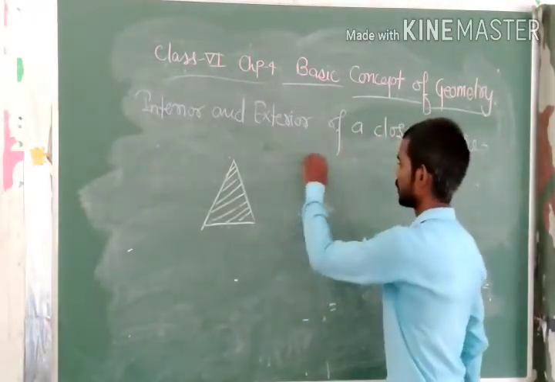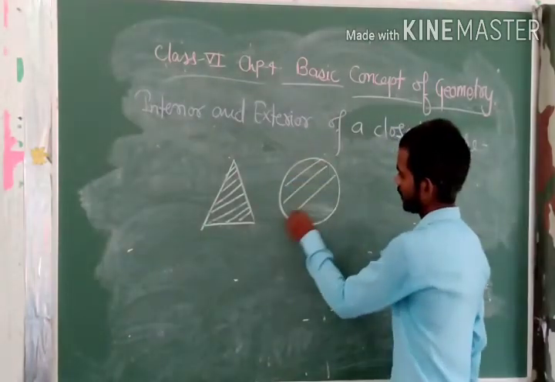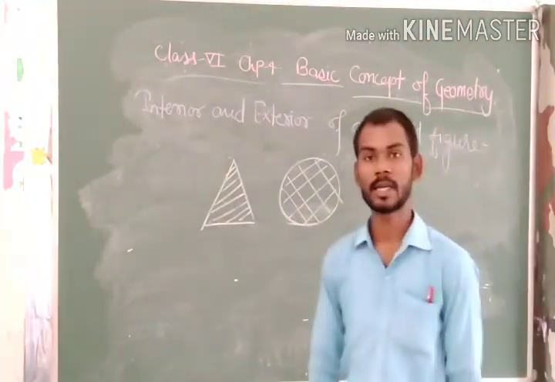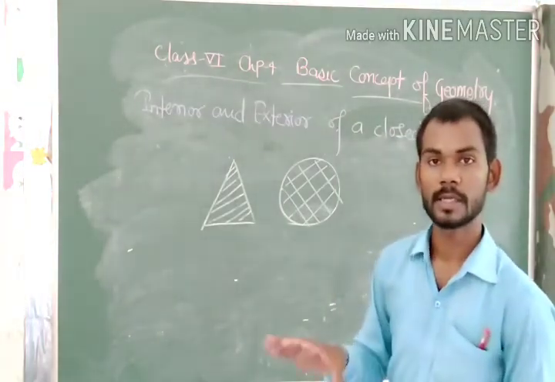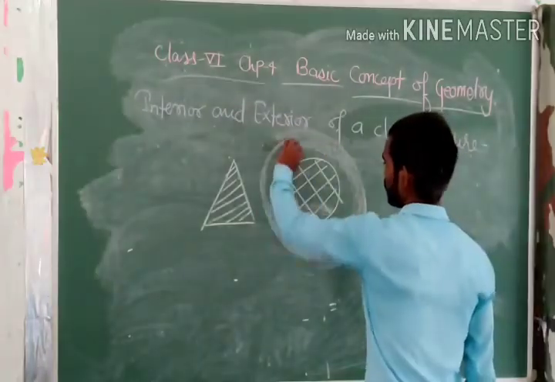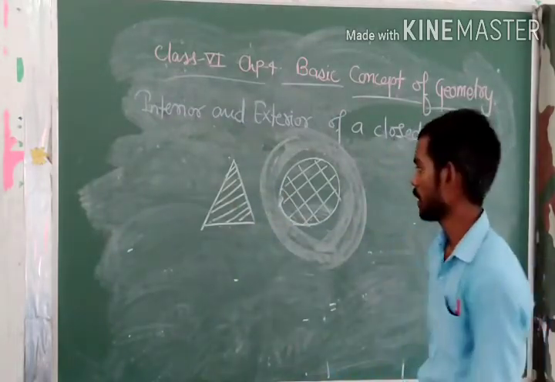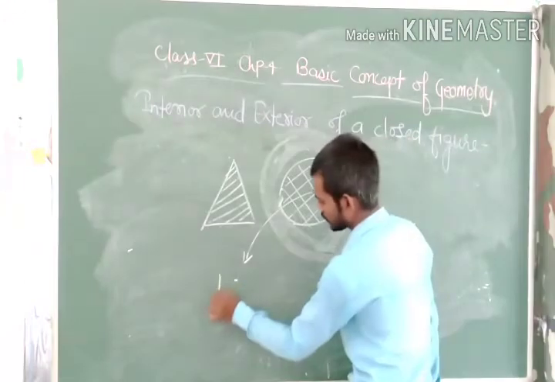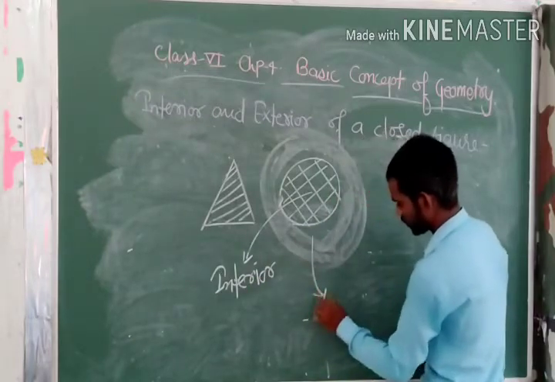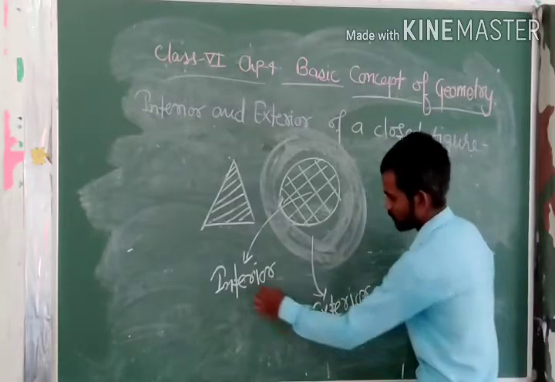Here we can see a circle, and the shaded part inside the figure is called its interior, and the shaded part which lies outside the figure is called the exterior.